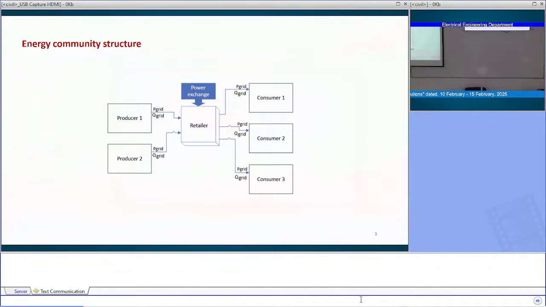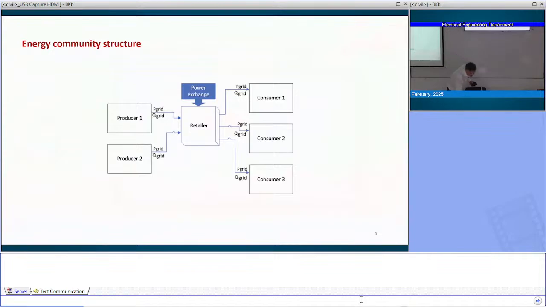There are the retailers, in general more than one or just one, and the retailer buys the power from the wholesale market, here indicated as power exchange, and sells the power to the final customers. Some customers produce in some hours and inject power into the grid, and the retailers or somebody else can provide some reward to the producer. This is the usual scheme without the community.